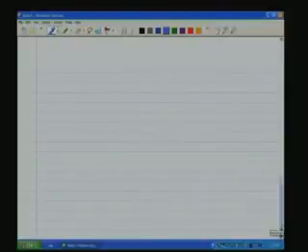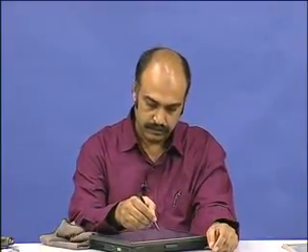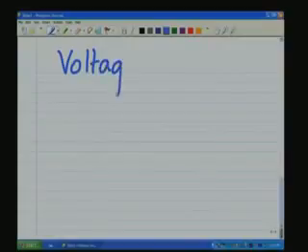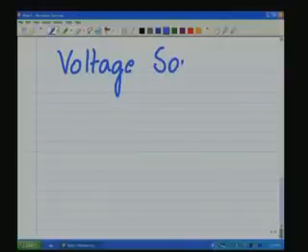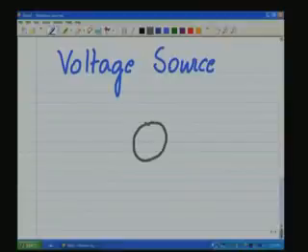Let us now look at how a voltage source and the current source is represented symbolically, and of course its ideal characteristics. So let us consider a voltage source. The voltage source is symbolically represented by a circular symbol with two terminal leads coming out of it.